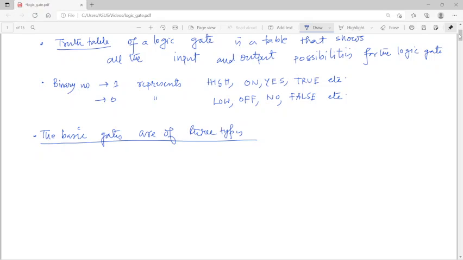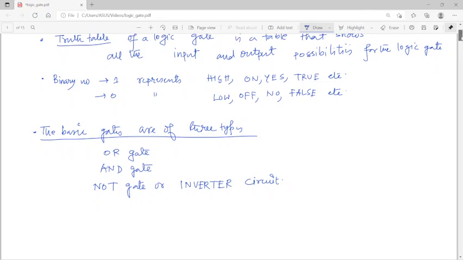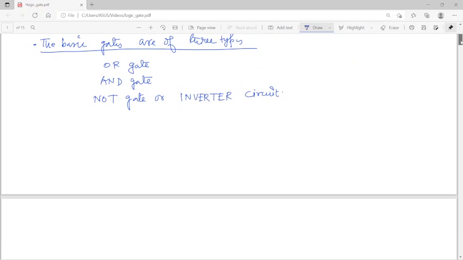The first is called the OR gate, the second is called the AND gate, and the third is called the NOT gate, or the inverter circuit. So one is the OR gate, one is the AND gate, and another is the NOT gate or inverter circuit.